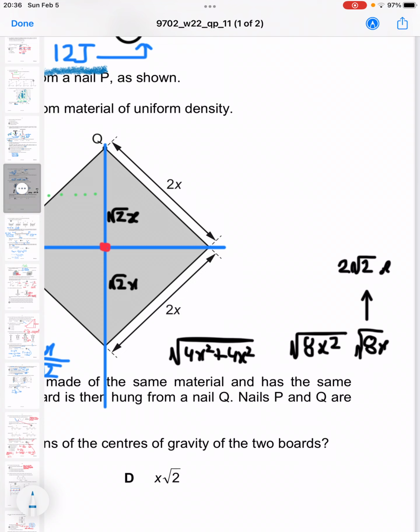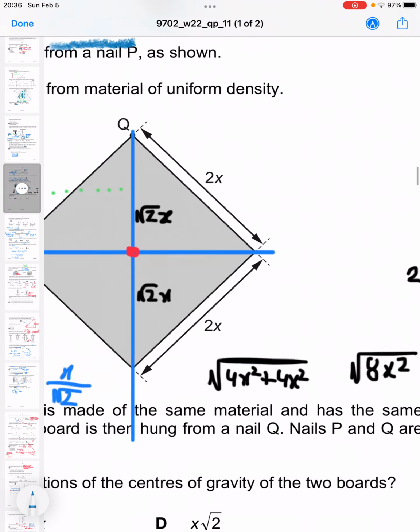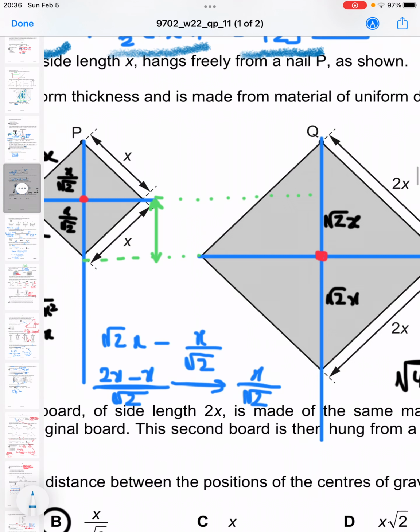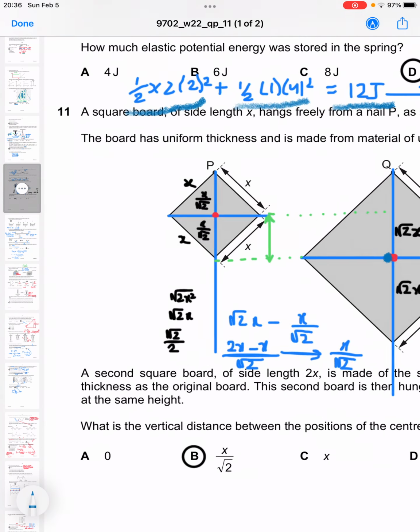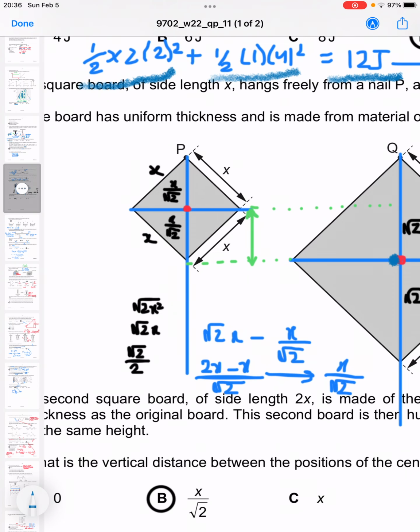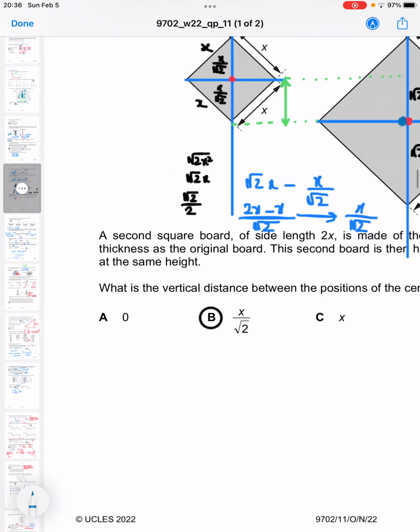So 2 under root 2 x would be the length of the diagonal. So the half of the diagonal from center to Q would be under root 2x. So the length from one center to the other center would be under root 2x minus x over under root 2. So simplify it would make up x over under root 2. So B is the appropriate answer.